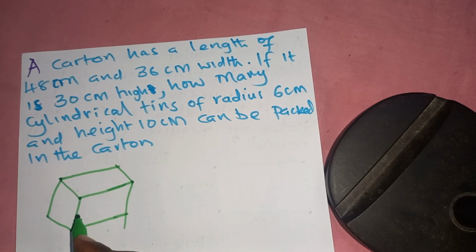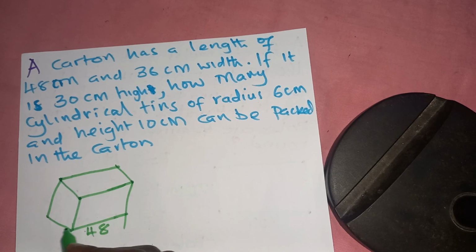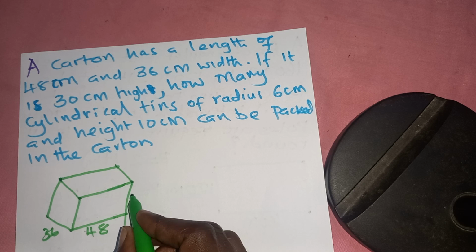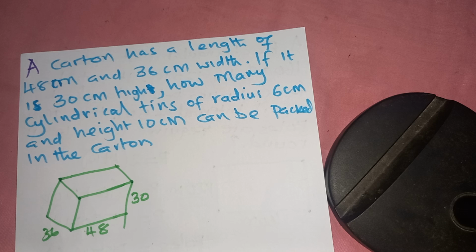The carton measures 48 centimeters by 36 centimeters, and it is 30 centimeters high. Then you are told that cylindrical tins are to be arranged, and they have a radius of 6 centimeters and a height of 10 centimeters.